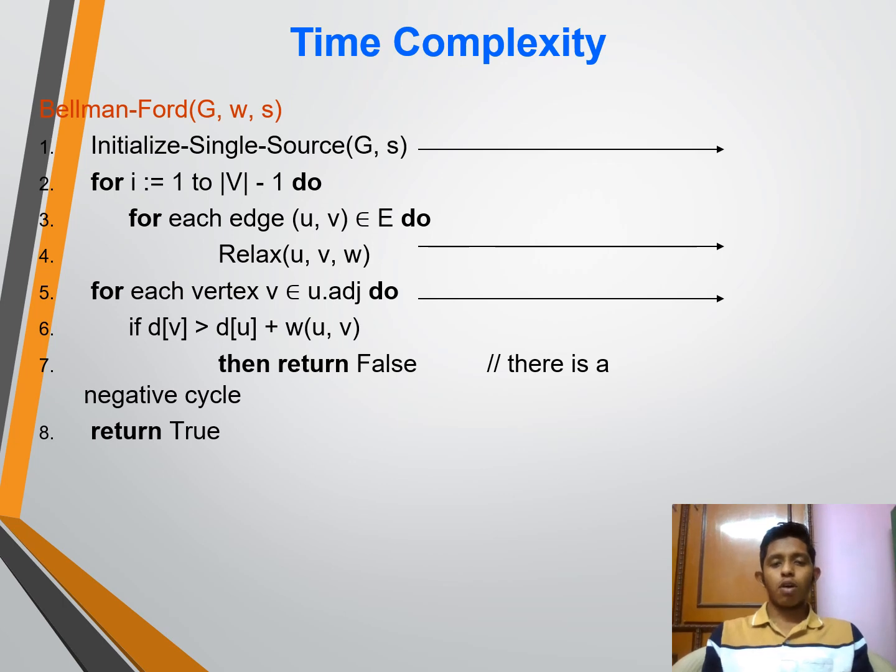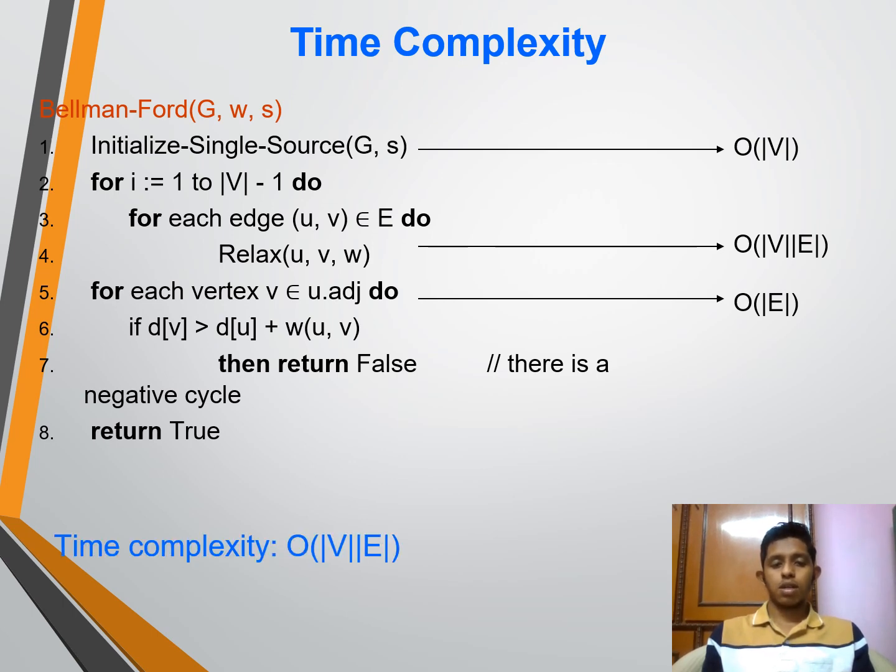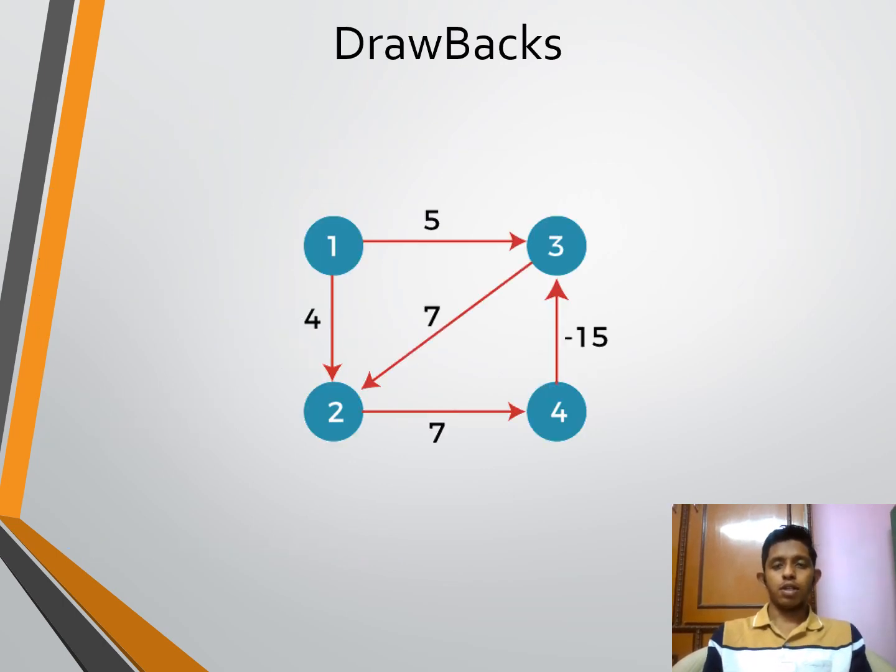The time complexity for the initial single source step is big O of V, the number of vertices. For the relax function it is big O of the number of vertices into the number of edges. So the time complexity of the Bellman-Ford algorithm is big O of V into E.